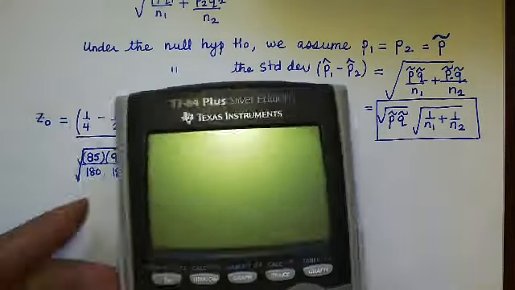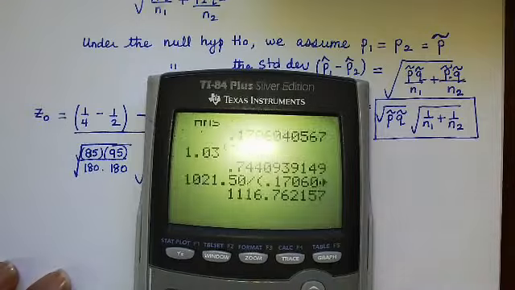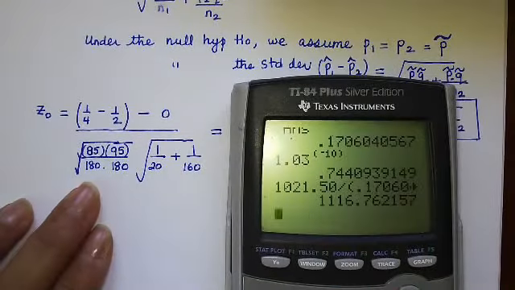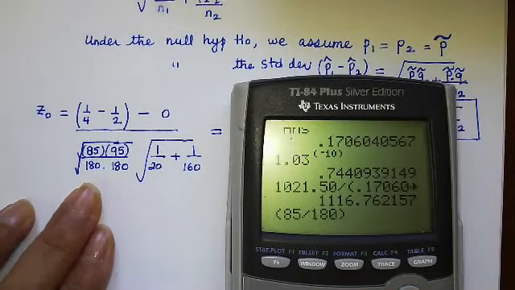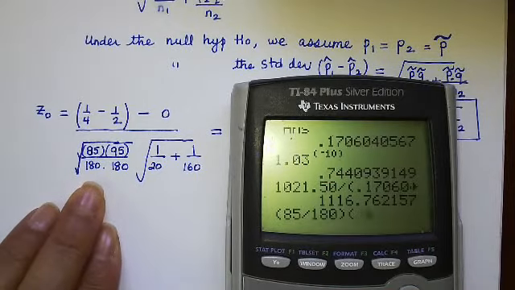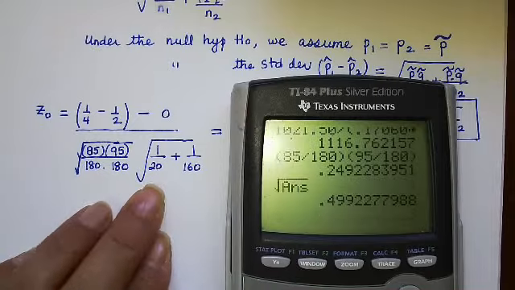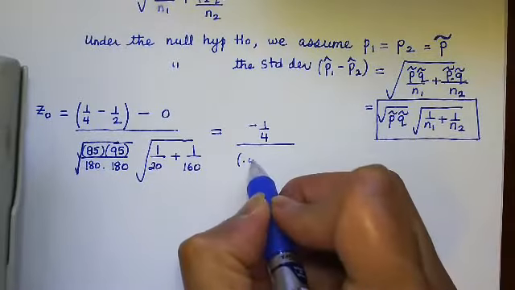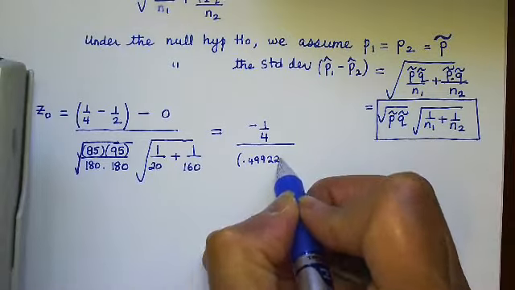And I compute this number. So in the numerator I have minus 1/4 and I need to find my denominator. So let's do that, please. I have 85 over 180 times 95 over 180. Take the square root of that.